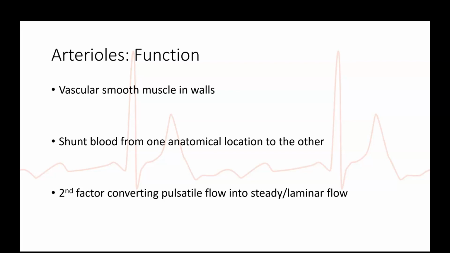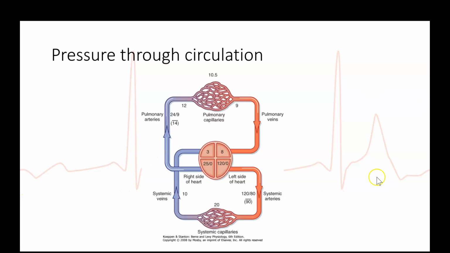That's our second factor that turns this pulsatile, noisy flow into the steady laminar flow we need at the level of the capillaries for gas exchange. Right, so we can see here, like we talked about, the left side of the heart and the arterial side of the circulation, and then the venous side of circulation, which is completely different.